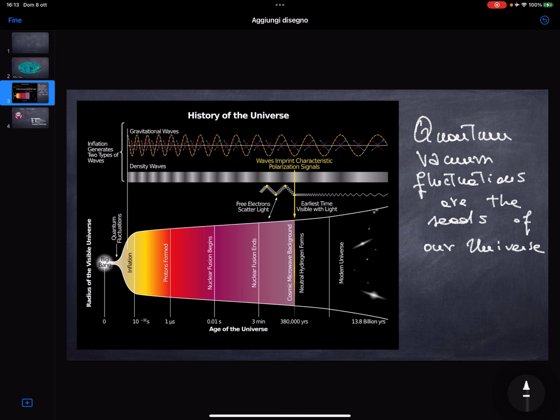But those quantum perturbations can actually be divided into three kinds. First, the scalar perturbations, then the vector ones, which are less important from the theory point of view, and then the tensor ones.